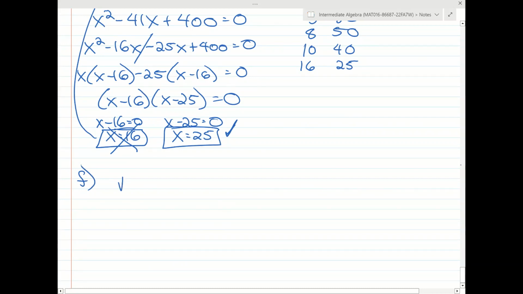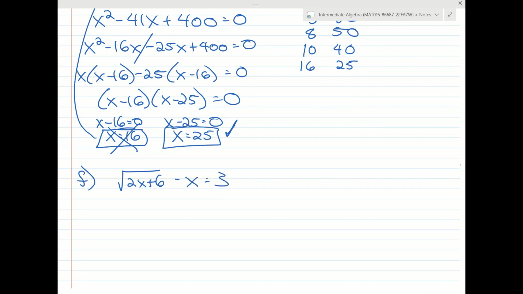If we had the square root of 2x plus 6 minus x is equal to 3, we have the x on the other side.